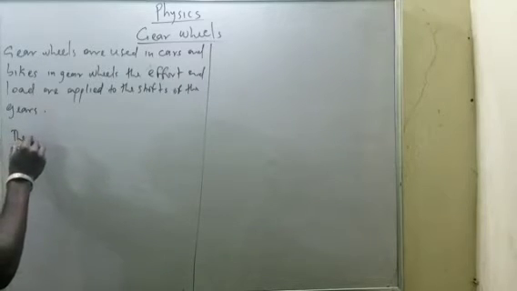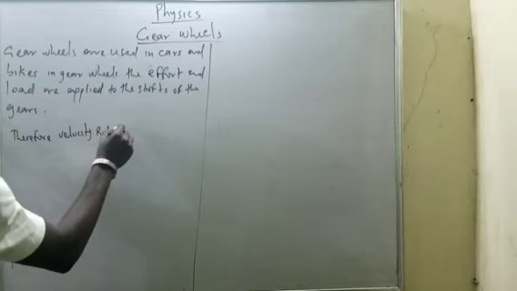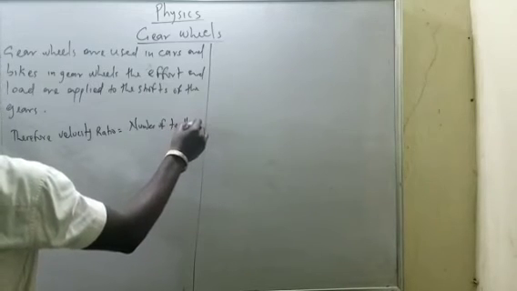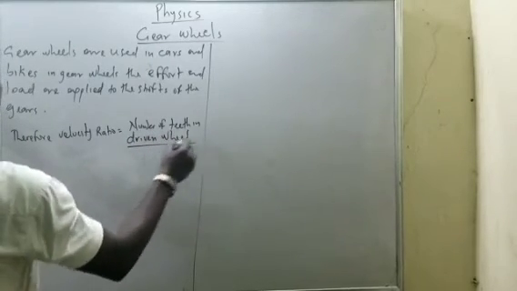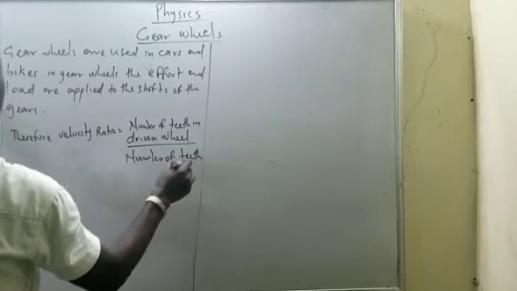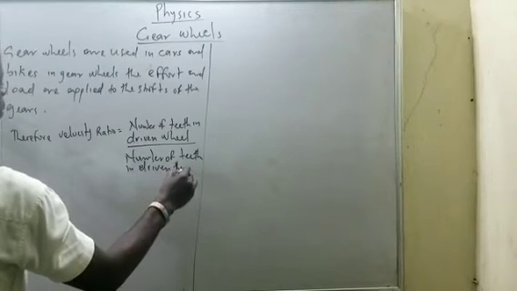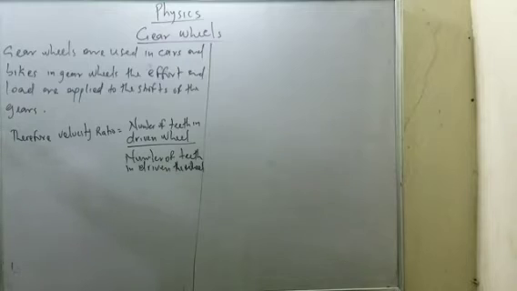Therefore, velocity ratio equals the number of teeth in the driven wheel divided by the number of teeth in the driving wheel. I don't have much to say here. That is all about that.